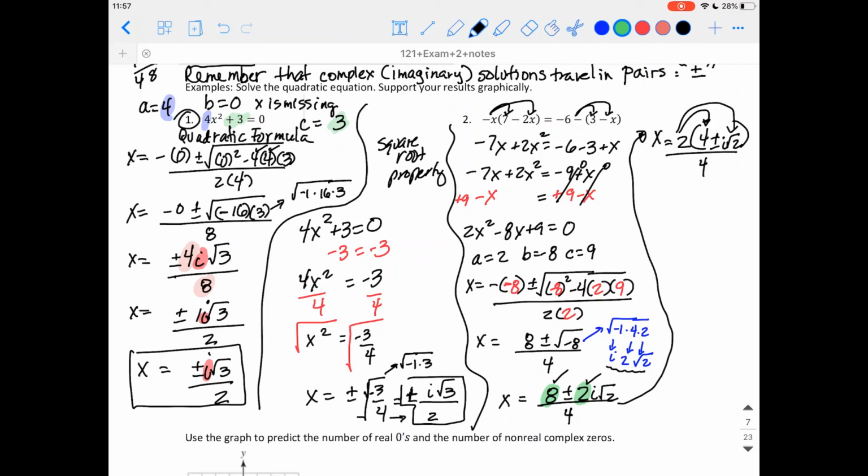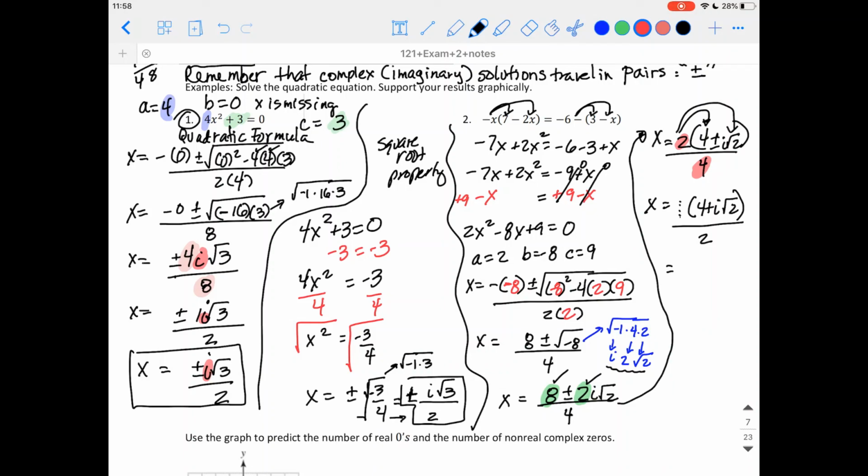Now, since I have these two, 2 and 4 are both divisible by 2. Or you can just say, oh, 2/4 is a half. That's fine. So x is going to be equal to, technically an understood 1, parentheses 4 plus i square root of 2 over 2.